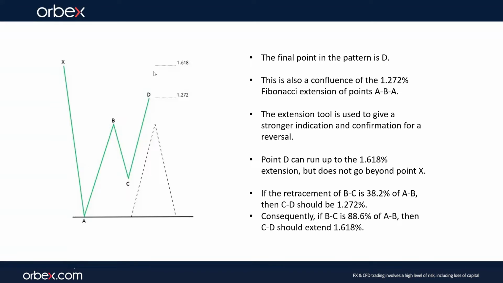Another couple of important things to take into consideration is if the retracement of B and C is 38.2% of A and B, then C and D should be 1.272. So what I mean by that is if it's a deep correction, if this goes even deeper, then we could see more of a push to the upside. And consequently, if B and C is 88.6 of A and B, then C and D should extend higher.